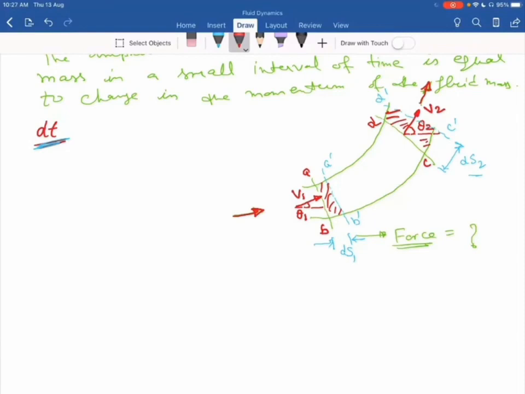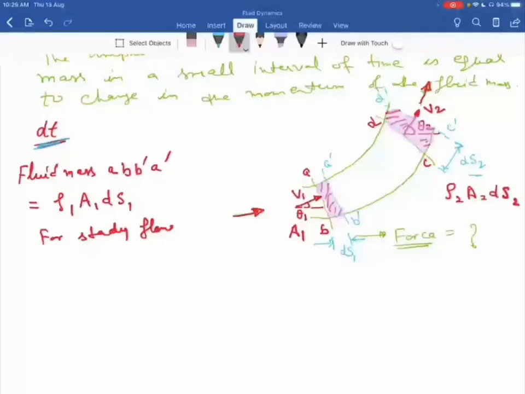The mass is the density multiplied by volume, so the volume of A B B dash A dash. So for steady flow through this pipe, you can write rho 1 A1 ds1 is equal to rho 2 A2 ds2.